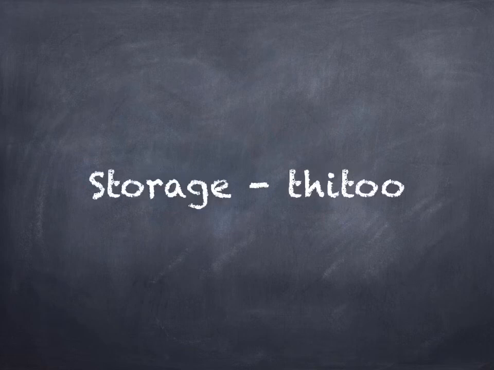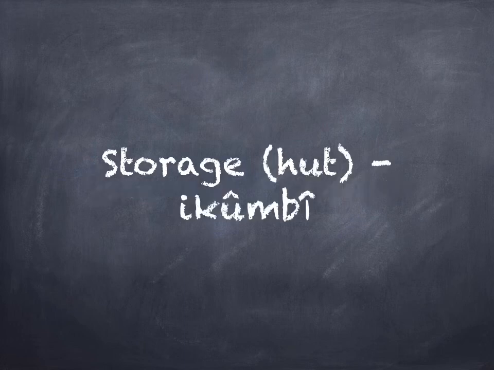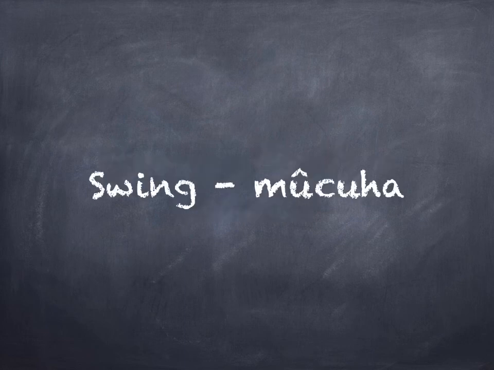Storage referred to as vito. In a Kikuyu traditional household, you would have found ikobe to mean the same as vito. There could also be a swing in the backyard, which is referred to as musuha.